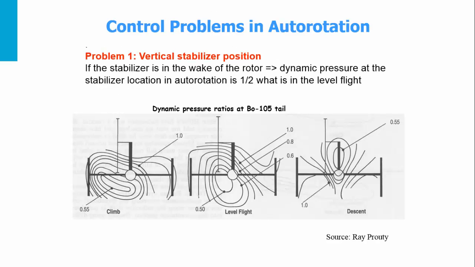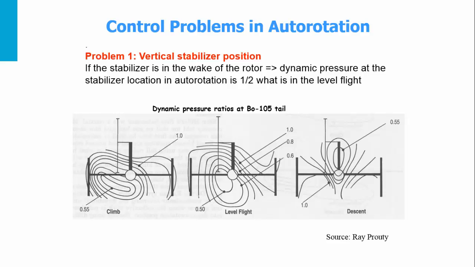What are the control problems in autorotation? The best known problem is the vertical stabilizer ineffectiveness. You see here the dynamic pressure ratios at the vertical tail of the BO-105 helicopter, in climbing flight, in level flight, and in descending flight.